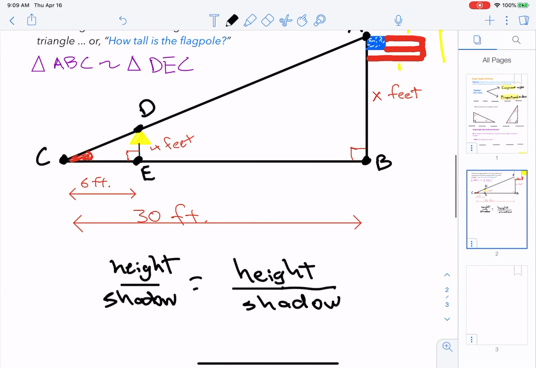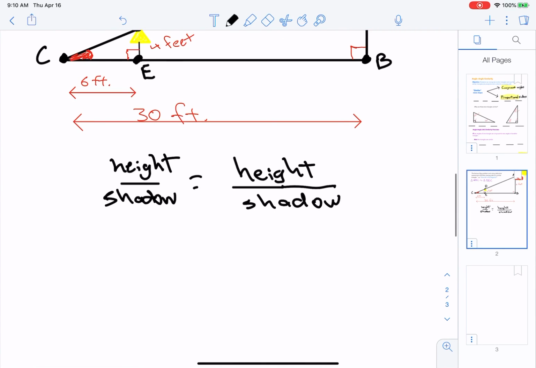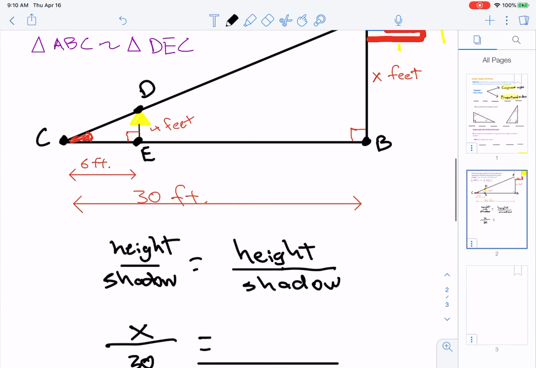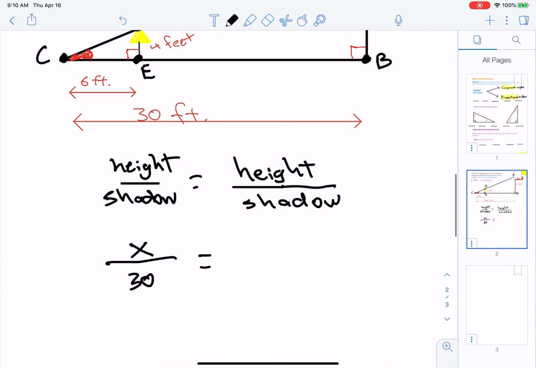So let's take a look first at the larger triangle, and the flagpole we don't know, right? It's X feet tall. We know that the shadow it casts is 30 feet. At this point, we don't have to write in feet, but we need to put feet back in our answer. We know that the sign is 4 feet tall, and the shadow it casts is 6 feet.